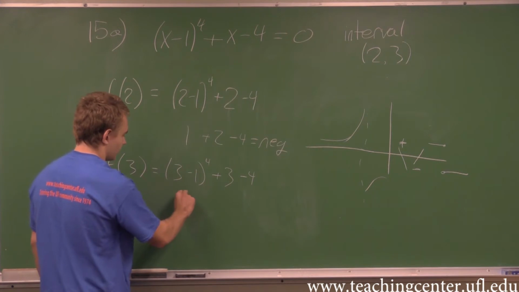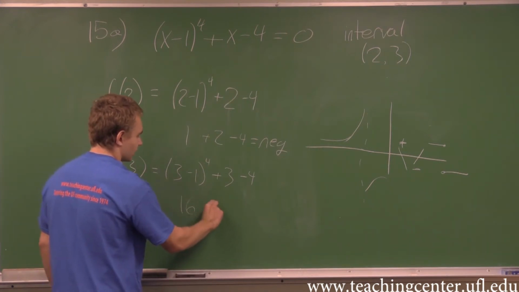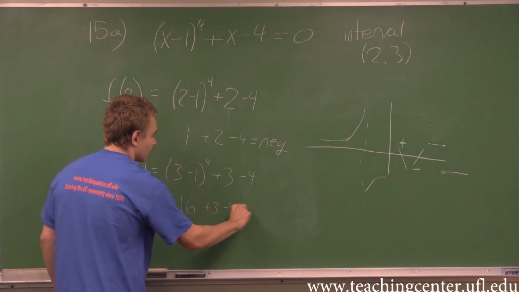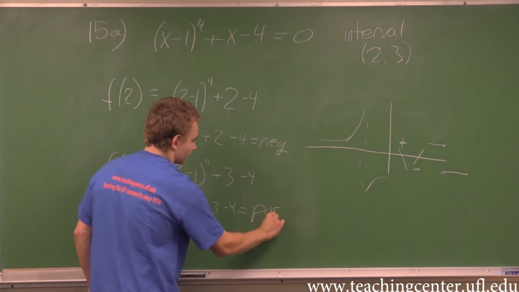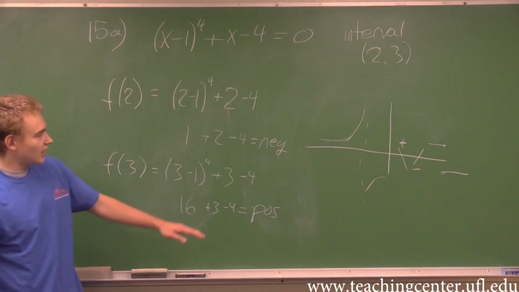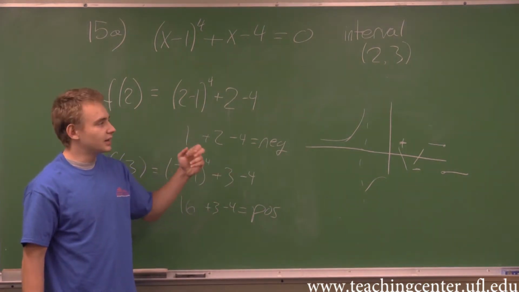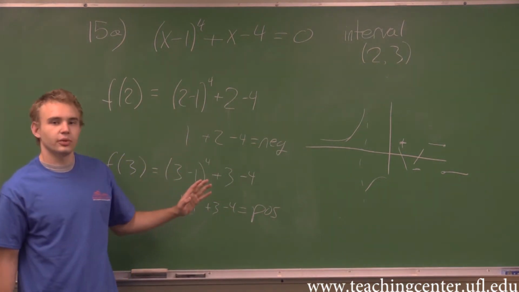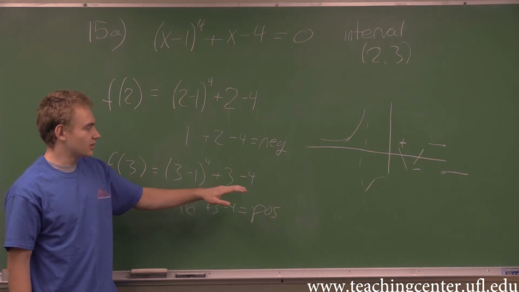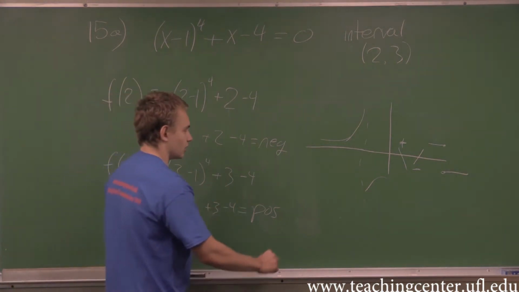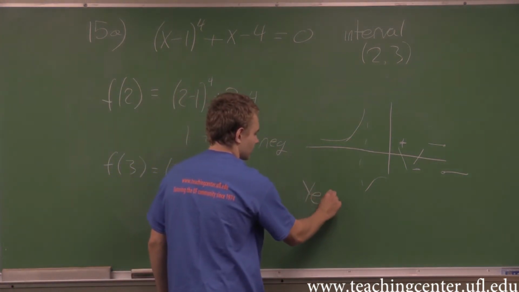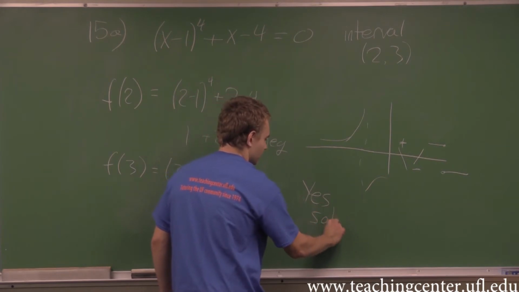So 2 to the 4th, 16 plus 3 minus 4, definitely a positive number. Okay, so I went from a negative to positive, right? And I had no discontinuities in between. That means that this guarantees a solution. So yes, solution exists.